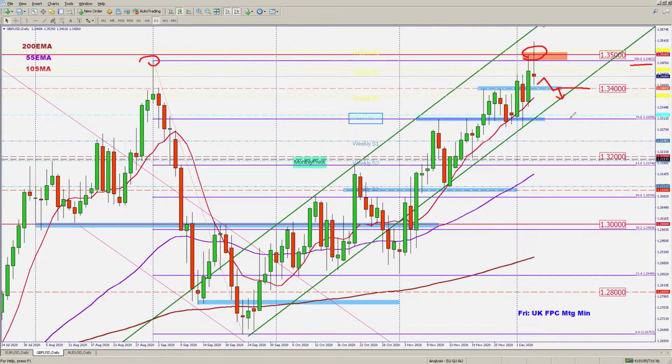Otherwise, then it could dip down to the 78.6 FIB retracement level with this next support level. So this coming week, there's the UK's Financial Policy Committee meeting minutes and statements, and we'll see how that will impact the sterling.